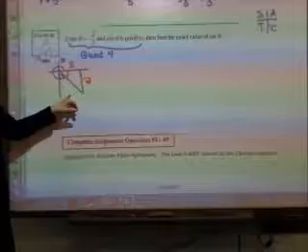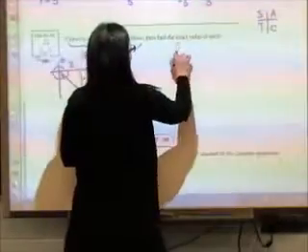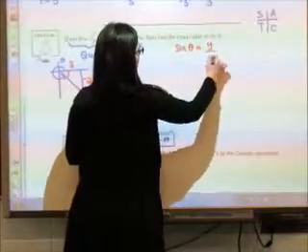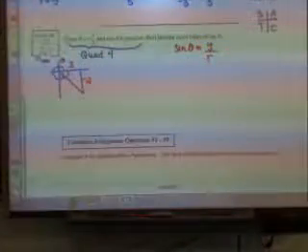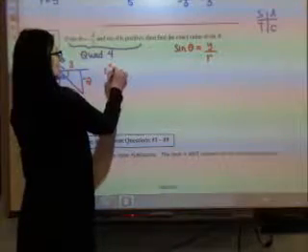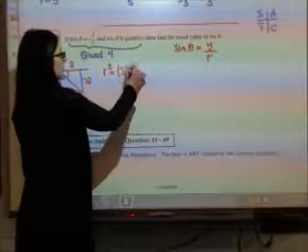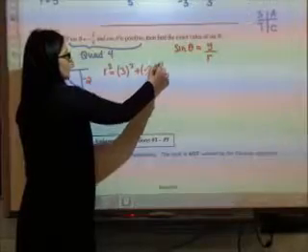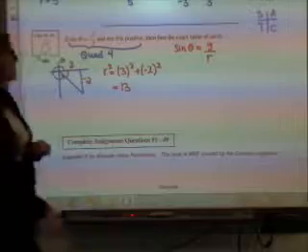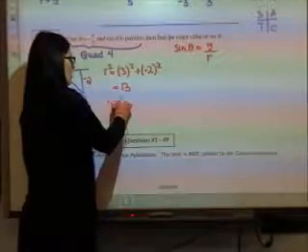In order to find sine theta, it is opposite over hypotenuse, so y over r. So I'm going to need to determine what r is. So r squared equals 3 squared plus negative 2 squared, which equals 13. So then r would equal the square root of 13.